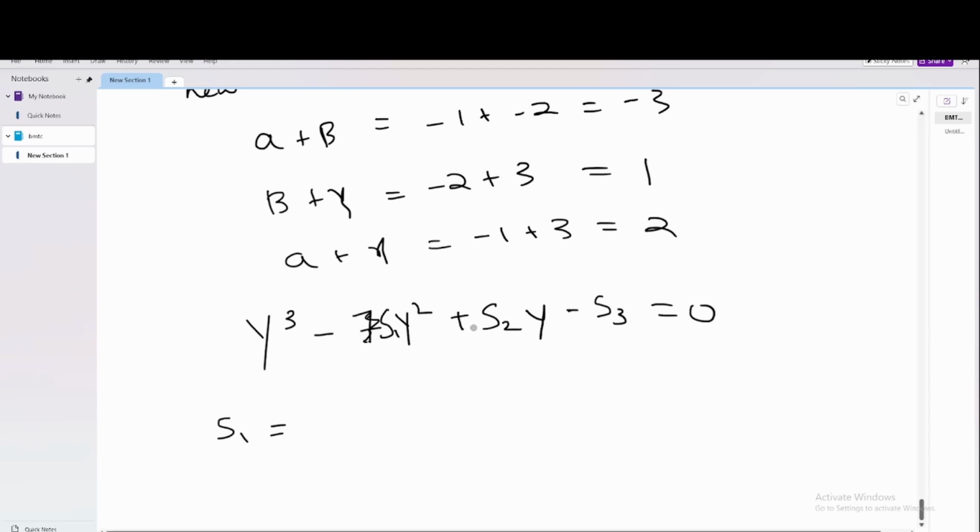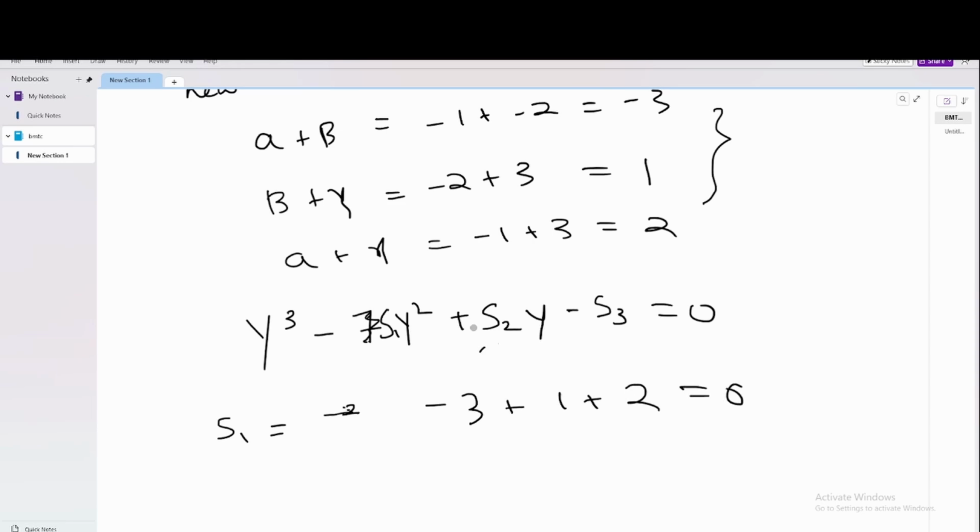Here S1 is the sum of all three roots, that is minus 3 plus 1 plus 2, which is equal to 0. So this y square term will be 0.